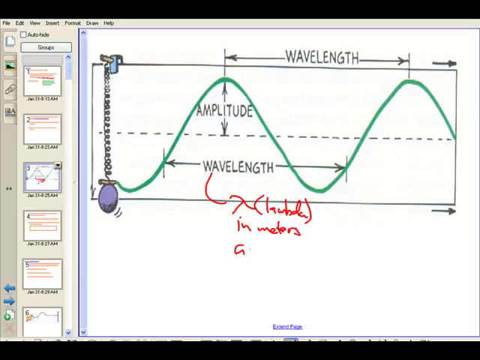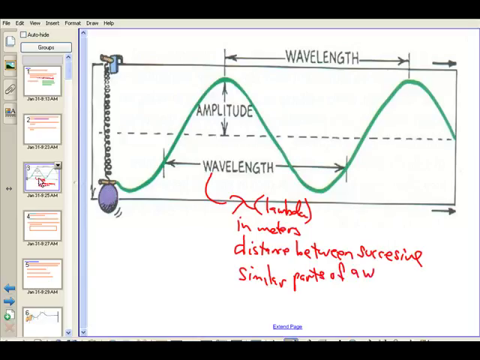And it's the distance between successive similar parts of a wave.